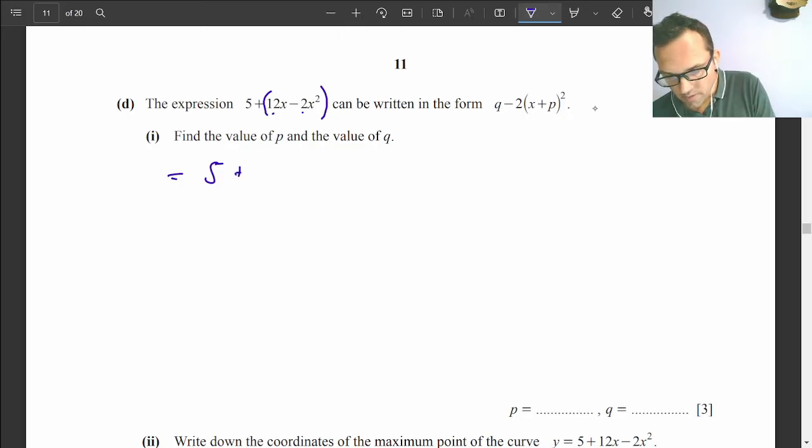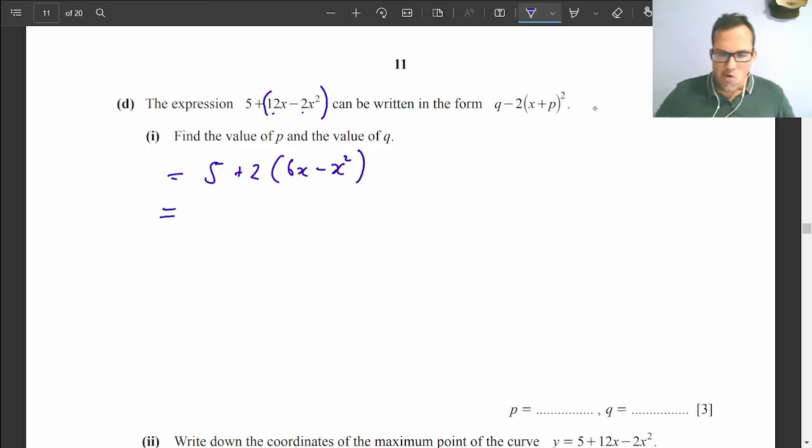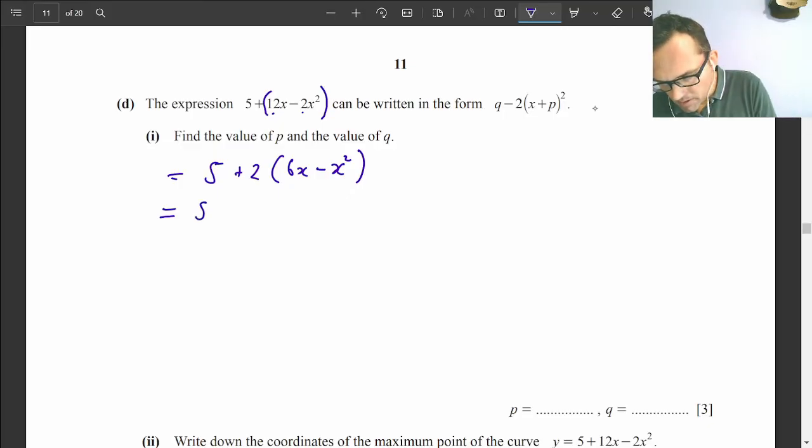So that gives us 5 plus 2 gives us 6x minus x squared. Okay, now that means we can now complete the square. So completing the square looks like this, if you remember correctly.